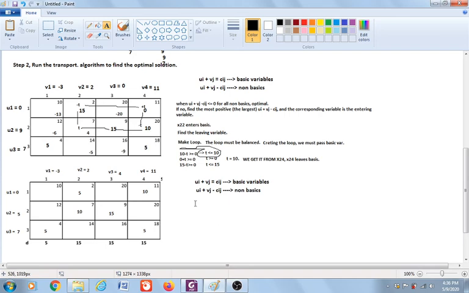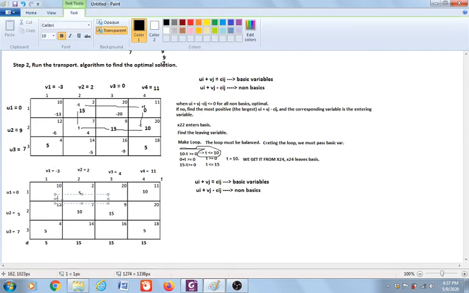Okay, now I need to calculate ui plus vj minus cij for the non-basic variables. So 0 plus minus 3 minus 10, minus 13. Okay, it's non-basic.